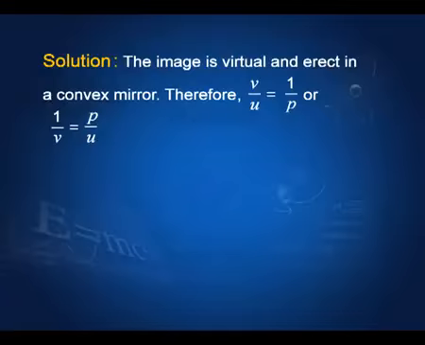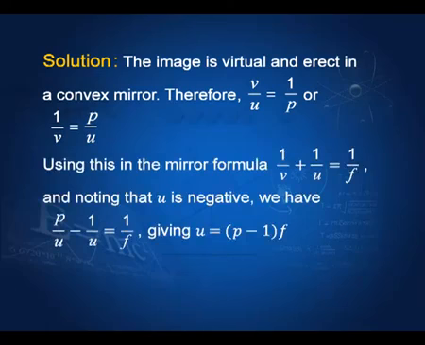So, therefore, v by u, the magnification is 1 by p, or 1 by v is p by u, and now we have 1 by v plus 1 by u. So, p by u plus 1 by u is equal to 1 by f, and you can find from this that u is (p minus 1) into f. So, remember that in a convex mirror the image is always smaller than the object, it is virtual and erect.